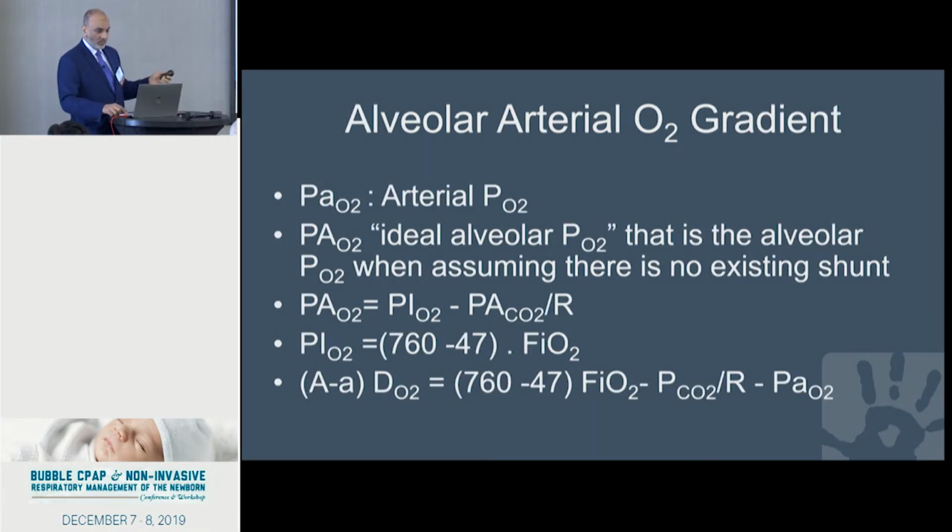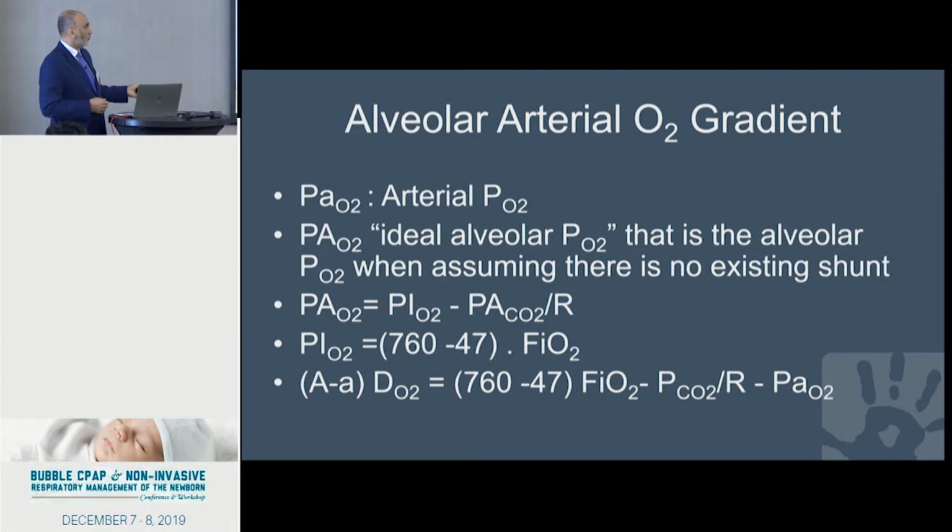The other one is the AA gradient, the alveolar arterial oxygen gradient, where you have the inspired oxygen, which is PO2 in the room air that we're inspiring, that's 760 minus 47, multiplied by your FiO2. So if you are on 100% oxygen, you are inspiring a PO2 of 713 millimeters of mercury.